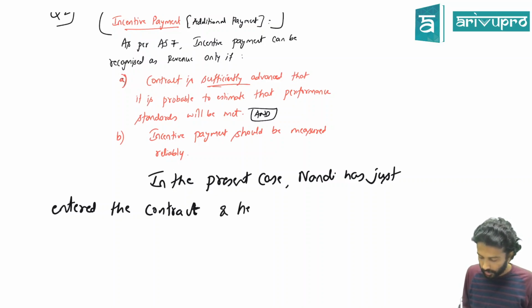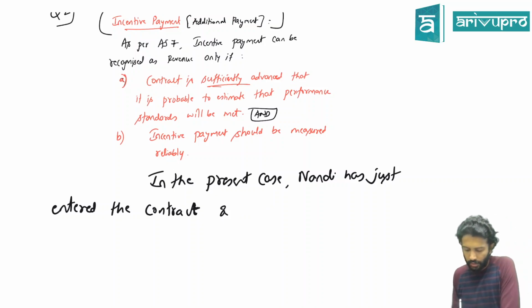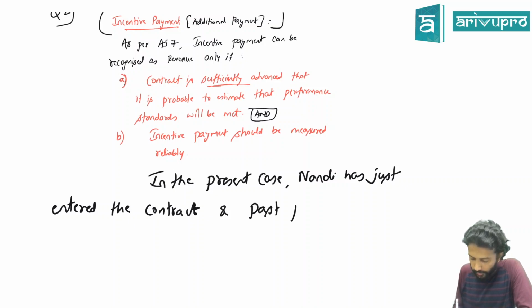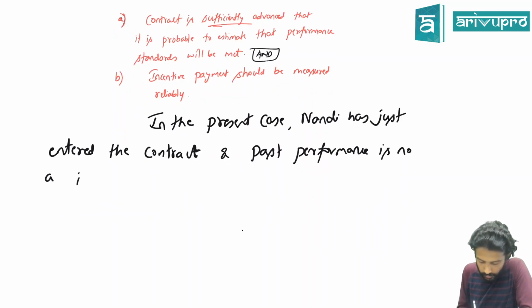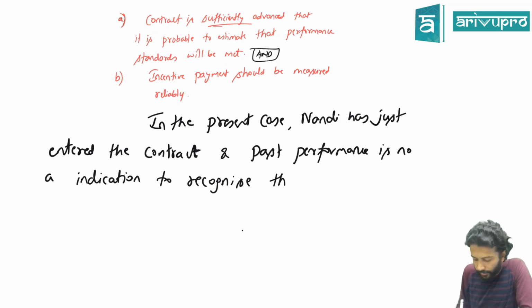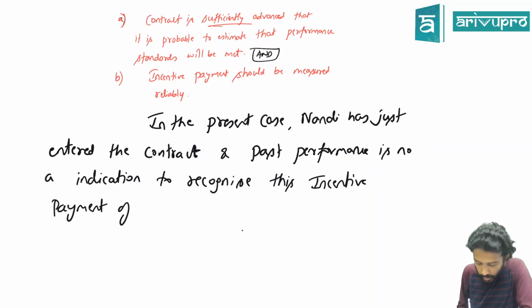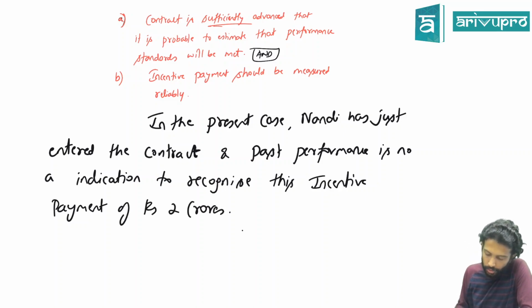And hence, you can say past performance is not an indication to recognize this incentive payment. This incentive payment of, how much is that amount? Of rupees 2 crores. Final conclusion.